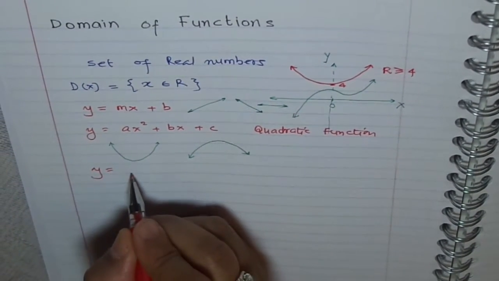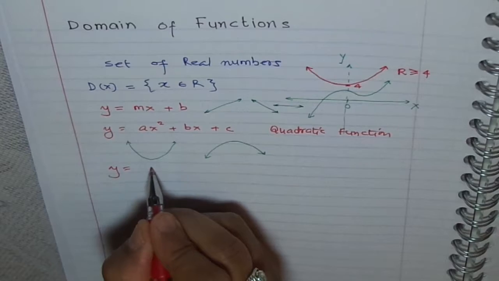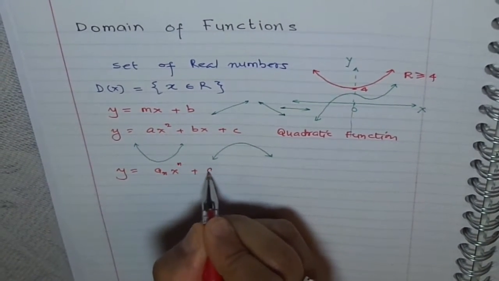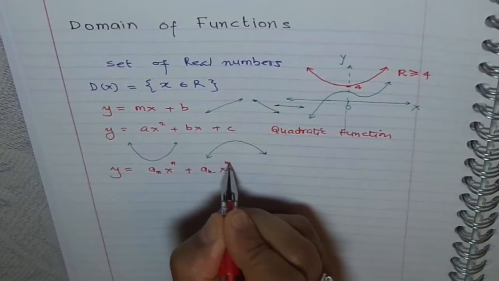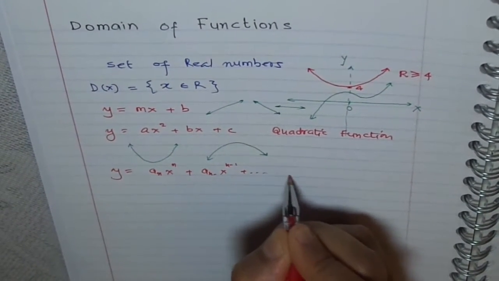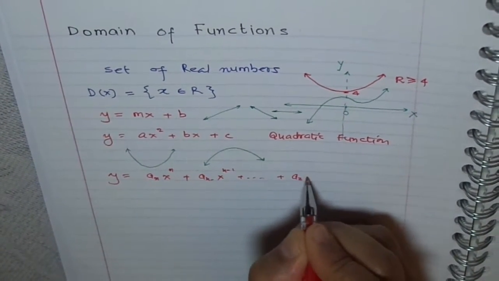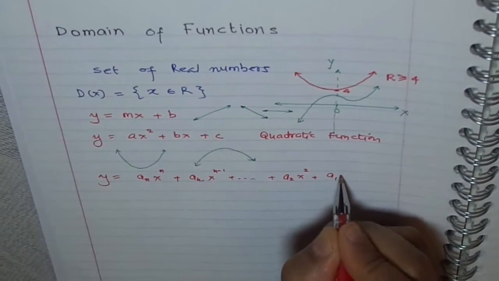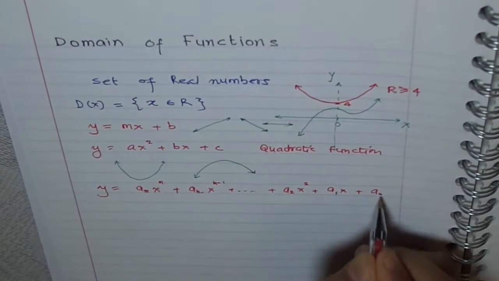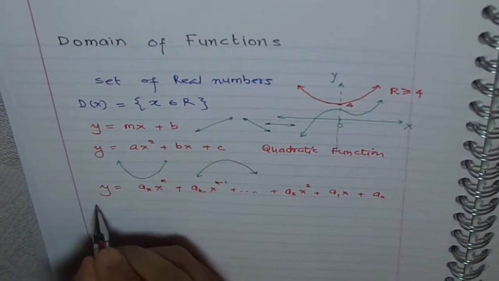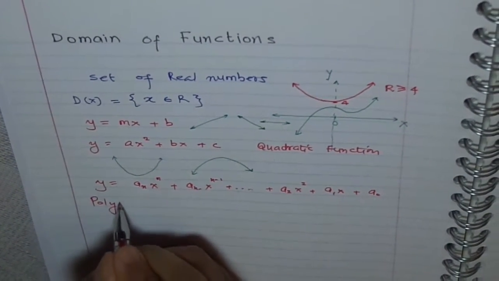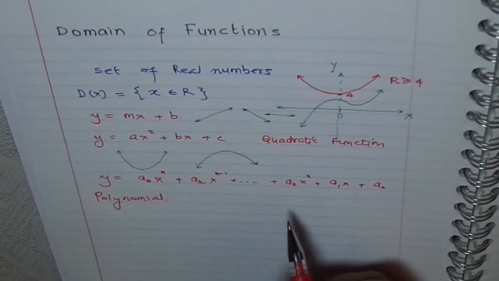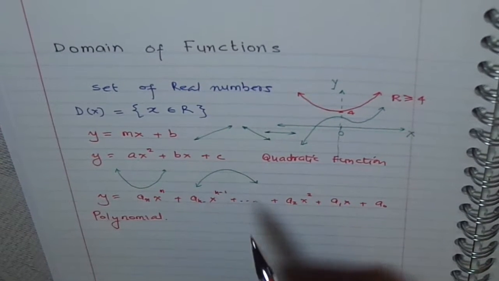For example, if I write a function like a_n x to the power of n plus a_(n-1) x to the power of n minus 1, and so on, a_2 x squared. What does this equation represent? It's a polynomial, right? Now, this polynomial could be of degree 3, 4, 5, whatever.